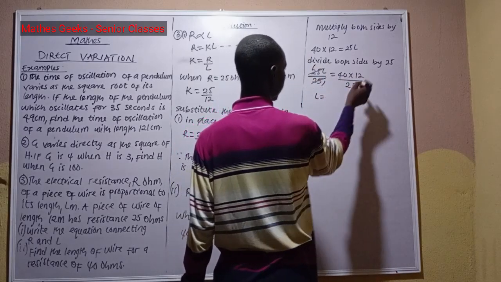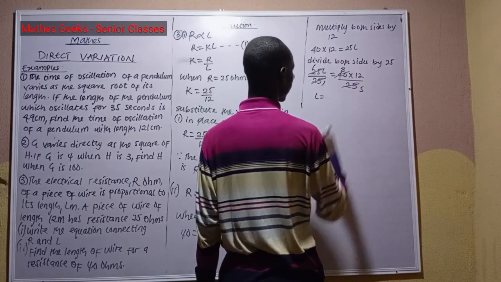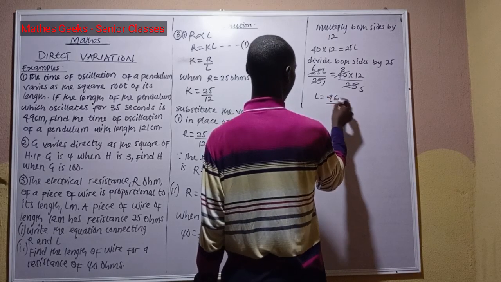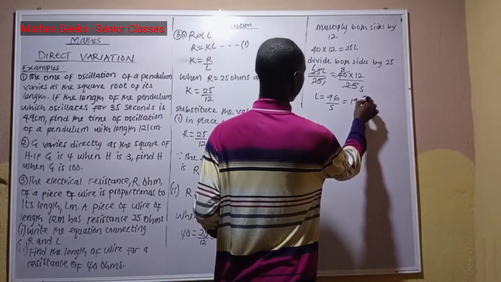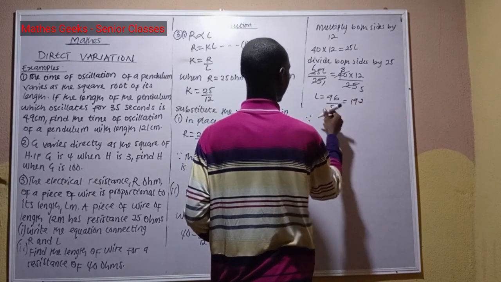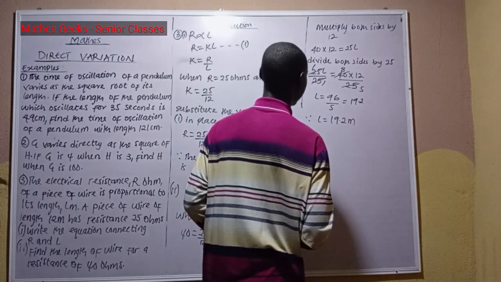So L is equal to: 5 here, 5; 5 here, 8. 8 times 12, that's 96 over 5, which is 19.2 meters. Therefore, L is equal to 19.2 meters.